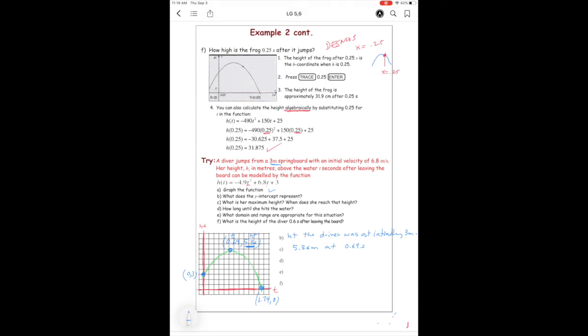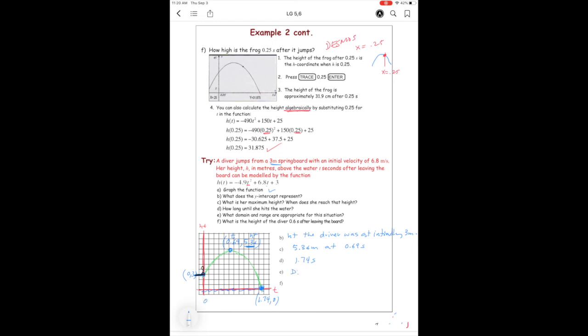How long was she in the air, or how long was she in before she hit the water? Well, she hit the water right here, because remember, this is the water, this is sort of the diving board, right? This is her standing. So we know 1.74 seconds is when she hit the water.